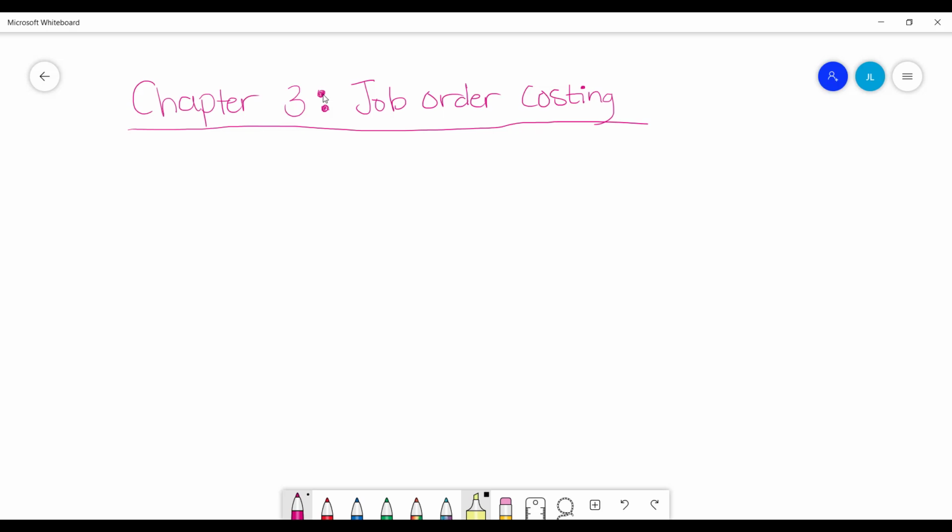One thing that I will do a little reminder of is the assigning of overhead, or how to apply overhead to jobs. Okay, so applying overhead to jobs, we're going to need to remember how to do that.